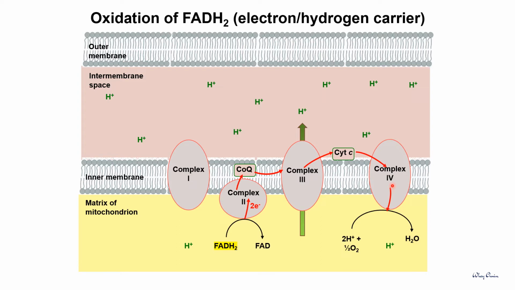So when the electron flow happens from the high energy electron carrier complex 4 to the lowest energy electron acceptor, which is oxygen, extra energy is released during the electron flow, and it will be used to pump the hydrogen ion from the matrix of mitochondria to the intermembrane space.